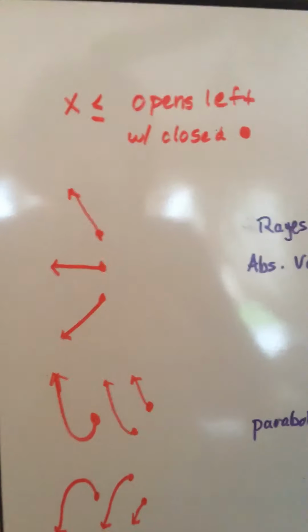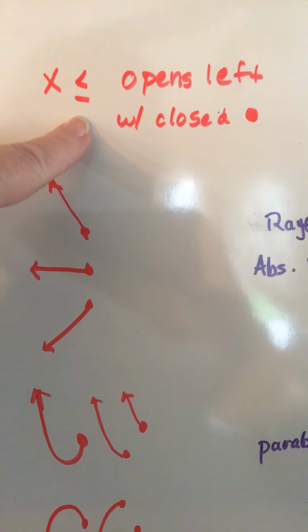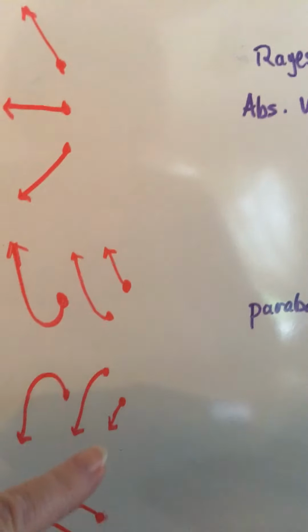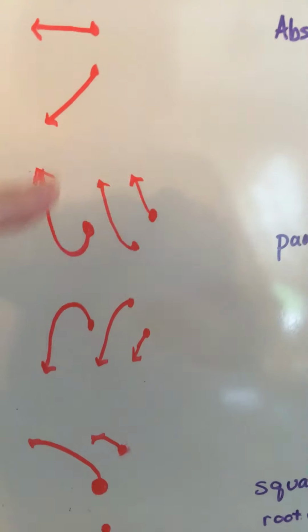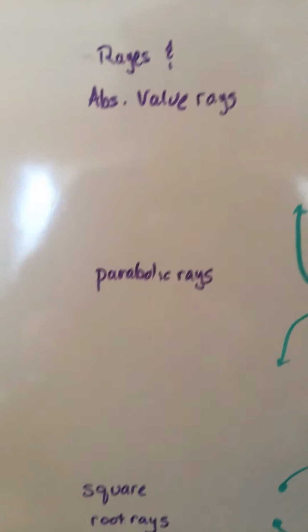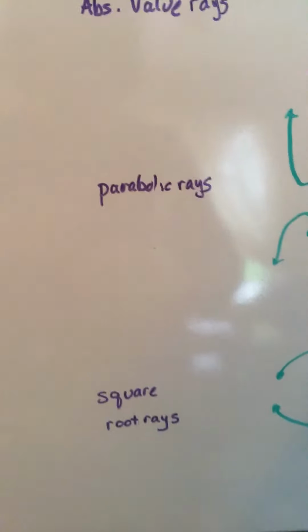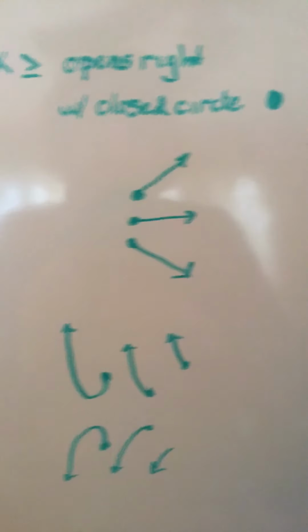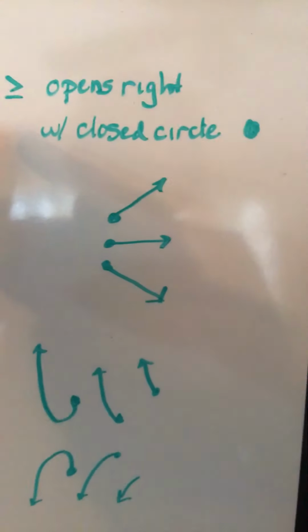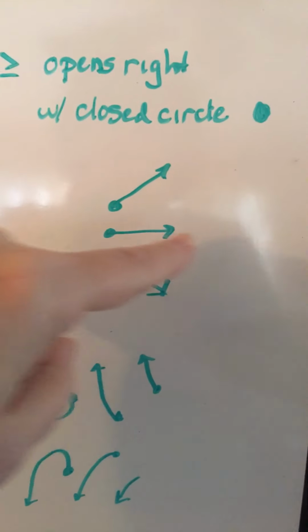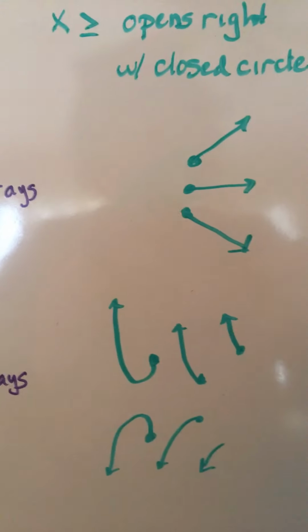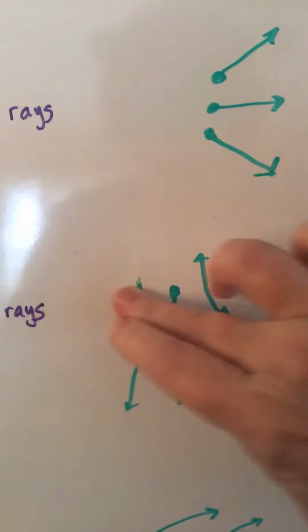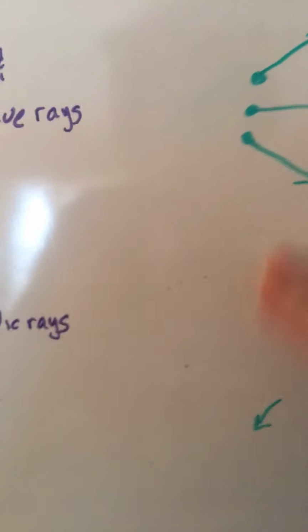What's the difference when we open left and there's an equal to sign? We just close all the endpoints. When we have parabolic rays, square root rays, absolute value rays, oblique rays, and when we open to the right, notice the arrows are all on the right. Ooh, I screwed up here. Sorry, folks. Let me fix that.